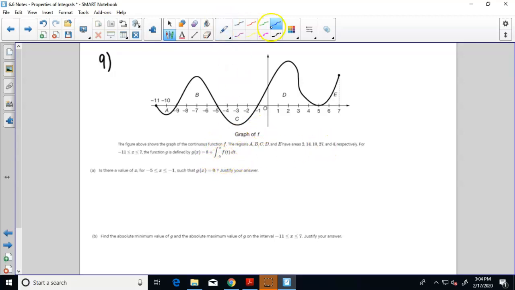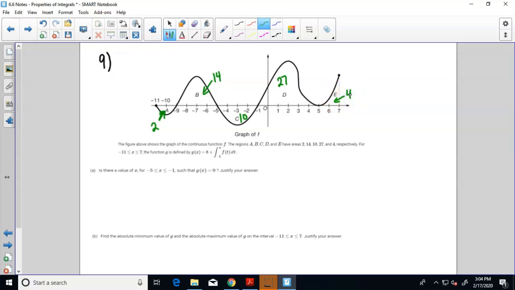So if we label these areas, A has an area of 2, B has an area of 14, C has an area of 10, D is 27, and E is 4. They're just giving us those areas.